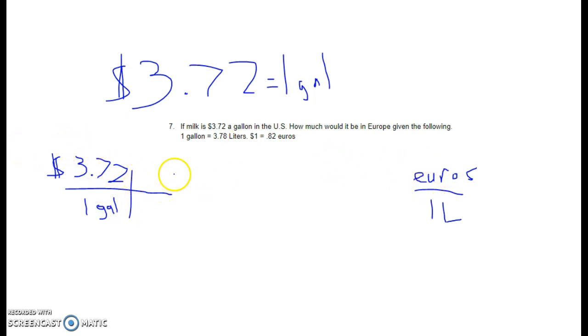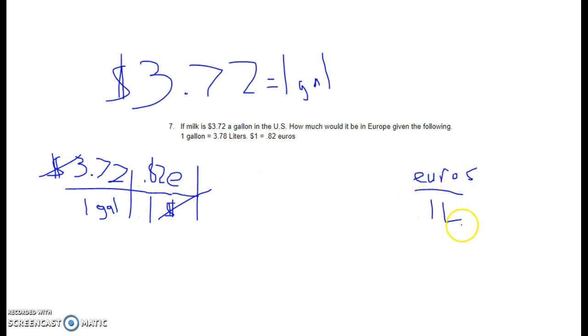So if I want euros to be up here, and I know that dollars would be down here to cancel out my dollar symbols, I have 0.82 euros over $1. Okay, so now my label is euros over gallons.